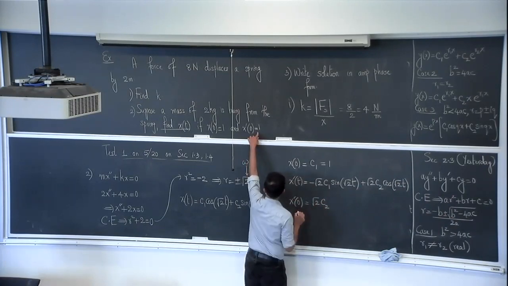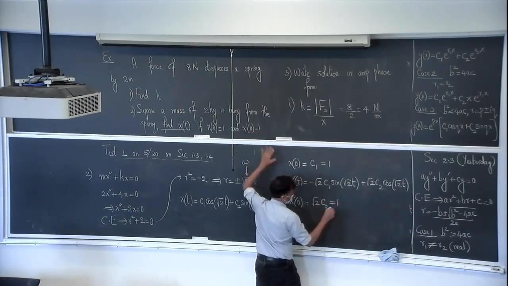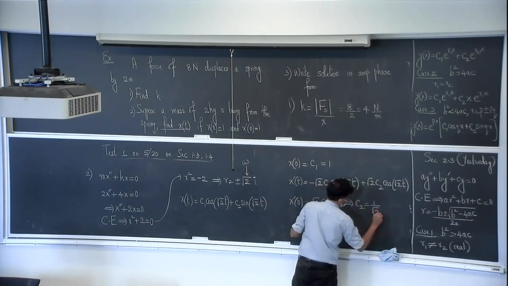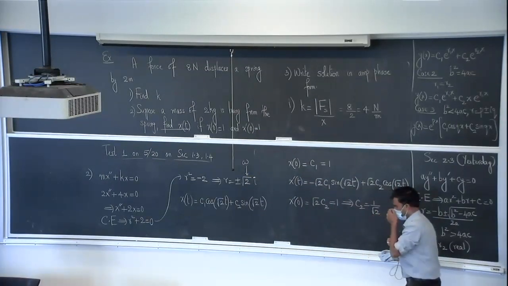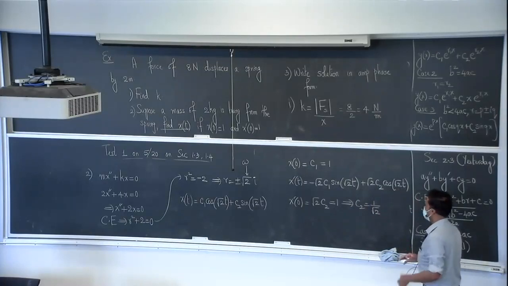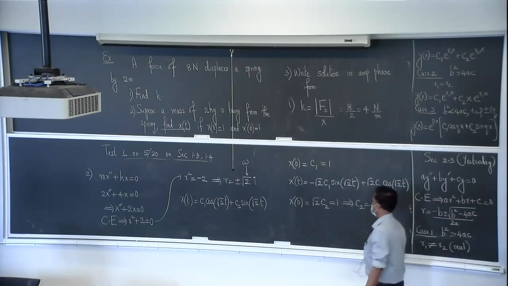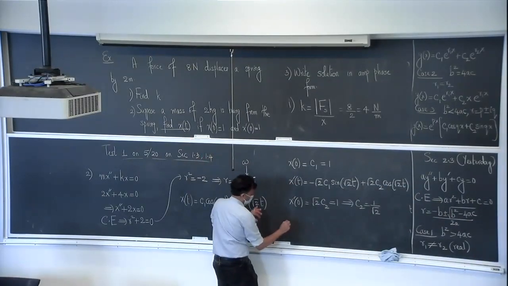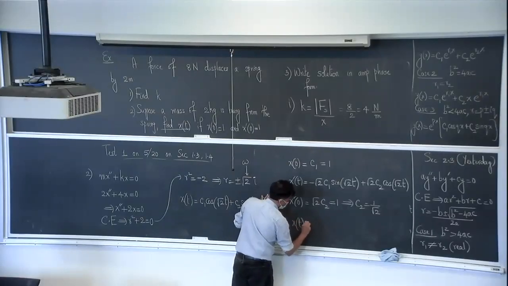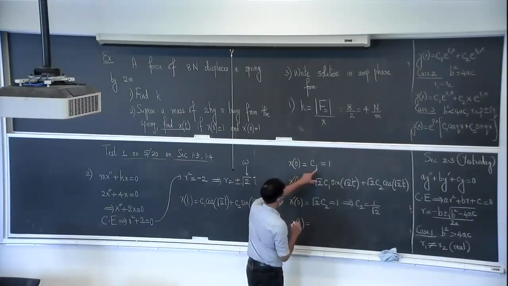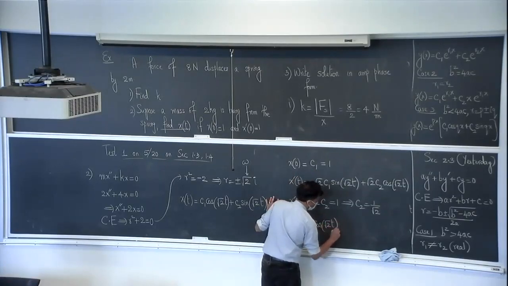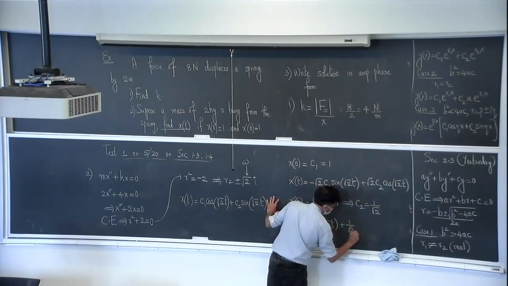And that's also given as equal to 1. So C2 is 1 over square root of 2. Again, we are lucky here because both C1 and C2 are positive. Okay. So the answer to question number 2 or part number 2 is x of t equal to C1, which is 1 cosine of root 2t plus 1 over root 2 sine of root 2t.